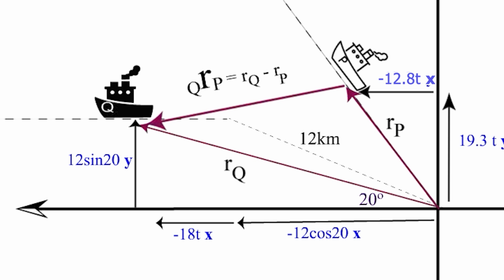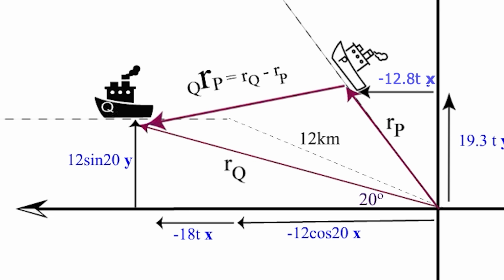Negative 12 cos 20 kilometers in the x direction, that corresponds to its original displacement at time t equals 0 seconds. Negative 18t kilometers in the negative x direction, well, that corresponds to its displacement after t hours. Remember, it's travelling at 18 kilometers per hour.